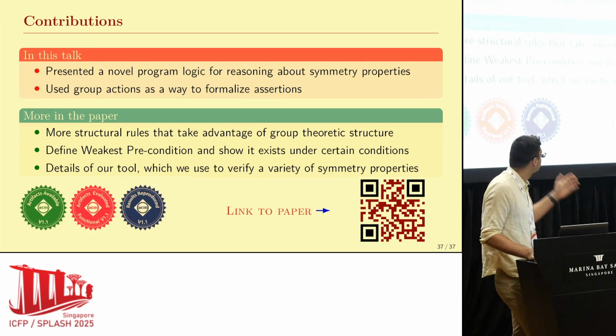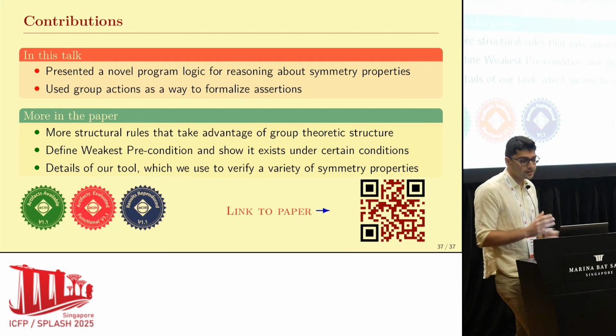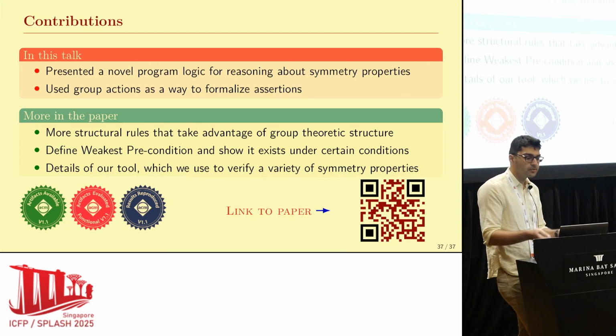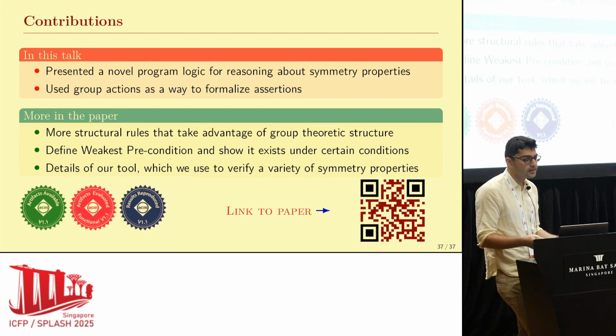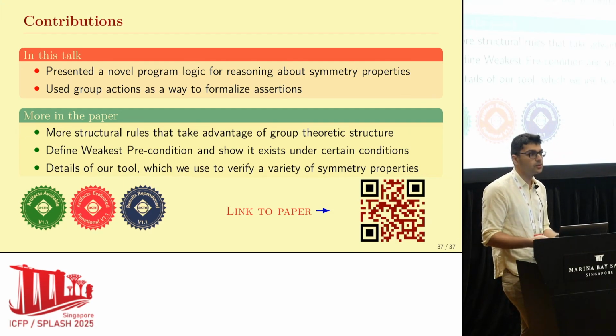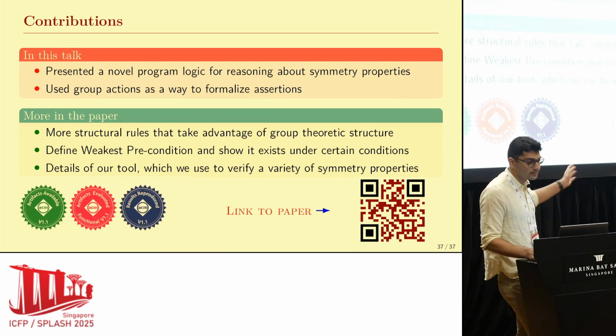We define weakest precondition in our setting, and we show under certain conditions it exists, under certain conditions it doesn't. And based on our weakest precondition, we actually implement all of this in a tool which we use to automatically verify many symmetry properties. And of course, our artifact is available, et cetera, and all that.